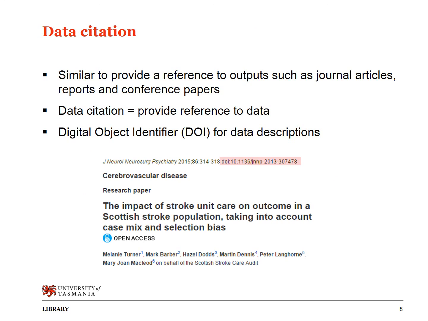So you're all very familiar with referencing sources such as journal articles and conference papers and reports. Citing data is the practice of providing a reference to the actual data or data descriptions. In fact, citing data is increasingly being recognized as one of the key practices leading to the recognition of data as a primary research output.